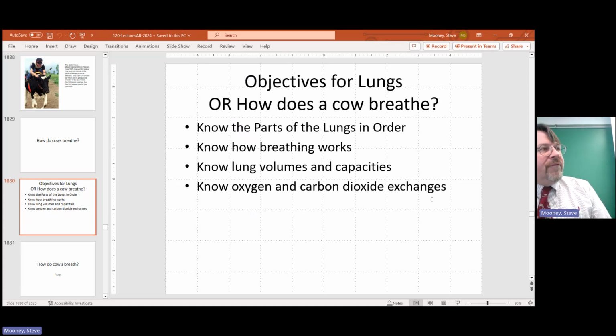We'll talk about the lung volumes and capacities. We assume that Taffy had a tremendous lung volume and could expand her tidal volume way faster than most other cows. And then we'll talk about the carbon dioxide and oxygen exchanges that occur in the lungs and occur in the tissues. So we're going to answer the how do cows breathe 4 different ways.